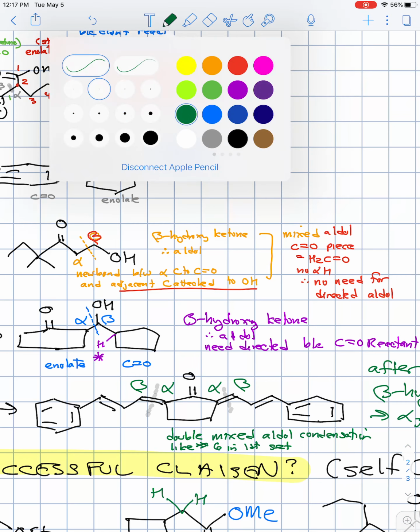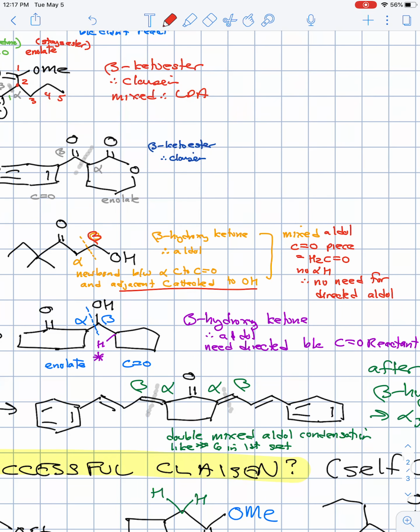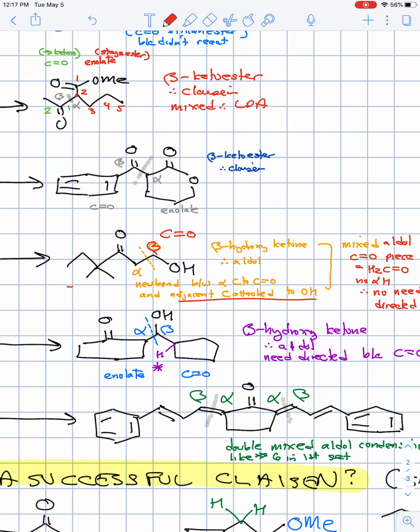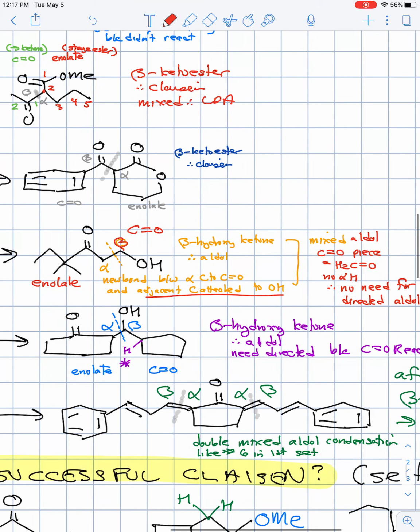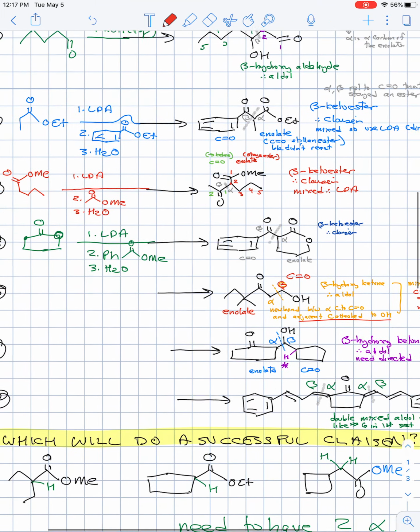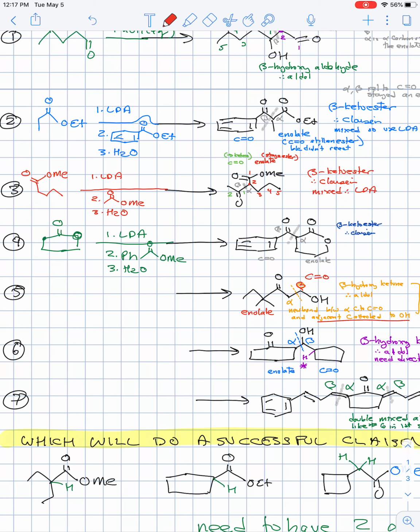So again, with this one, this is the part that's reacting as the carbonyl, and this is the part that's reacting as the enolate. So we can just kind of throw everything together and assume it's going to react the way we want it to.